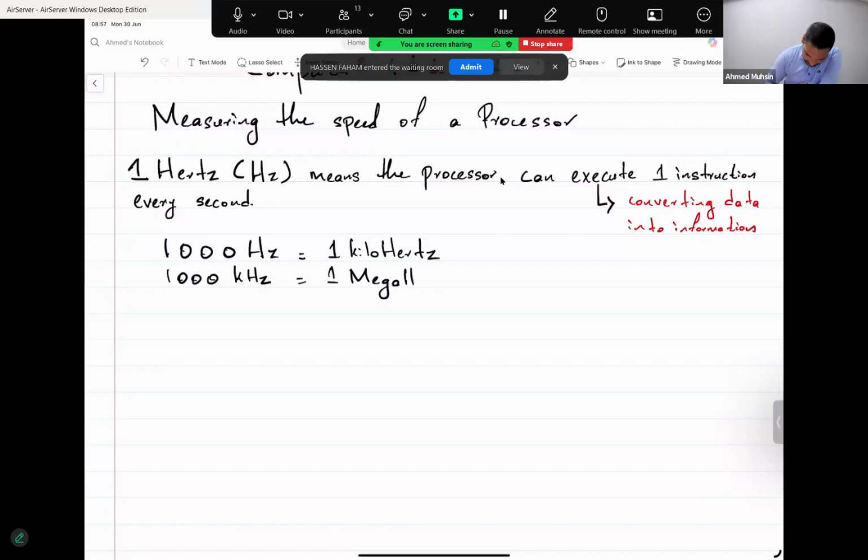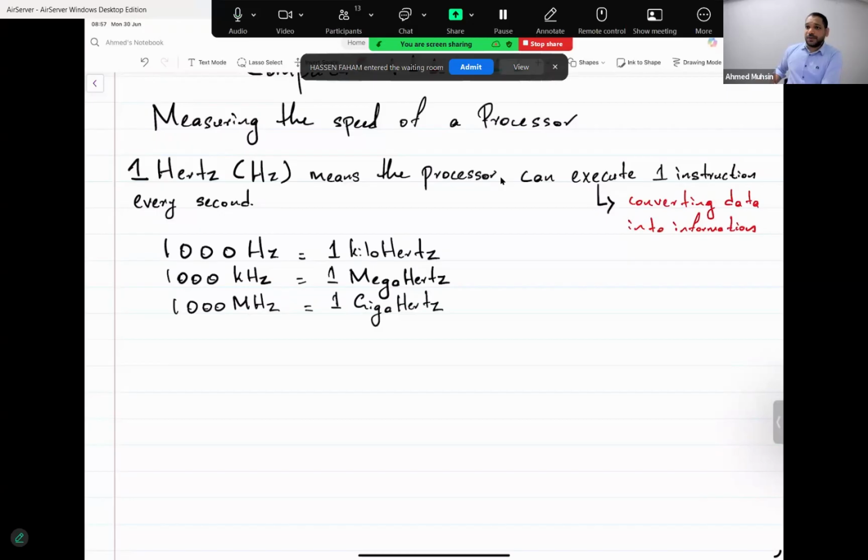Are we okay with this? 1000 megahertz is equal to 1 gigahertz. And this is where we are stopping. Everybody okay with this? Right.